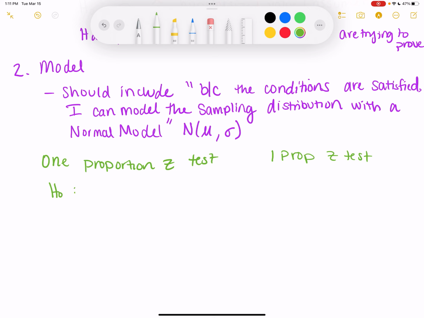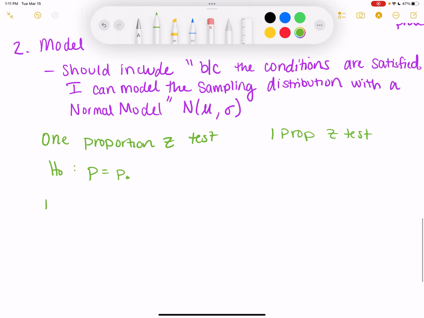The null hypothesis is P is equal to P0. The test statistic: Z is equal to P hat minus P0, over the standard deviation of P hat.